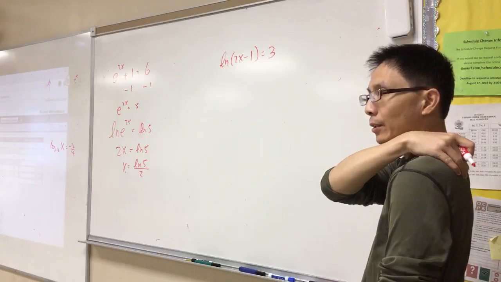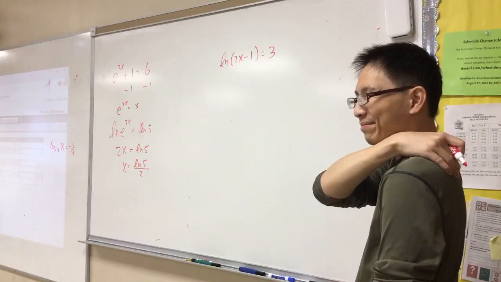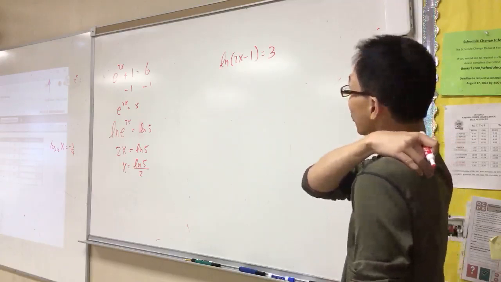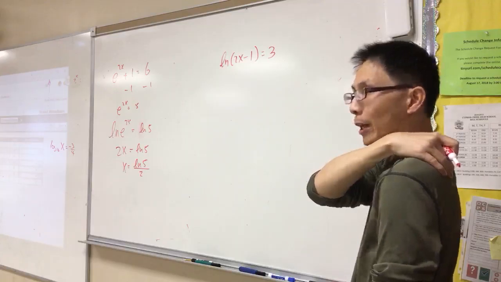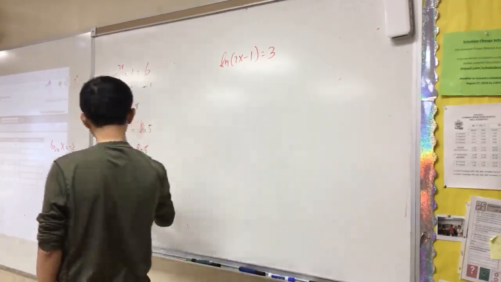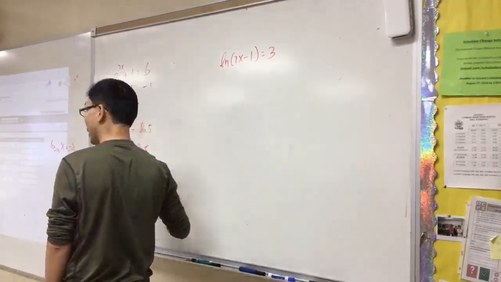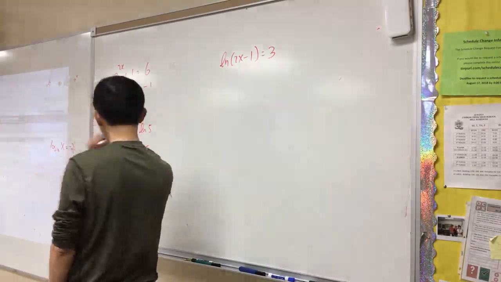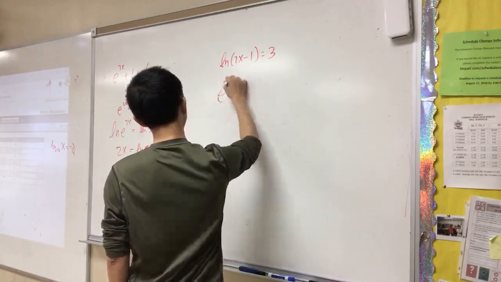No, e is not multiply, it's to the power. Remember the property says e to the natural log of x is equal to x, right? Remember that property that we had before? So we have to do e to the both sides.